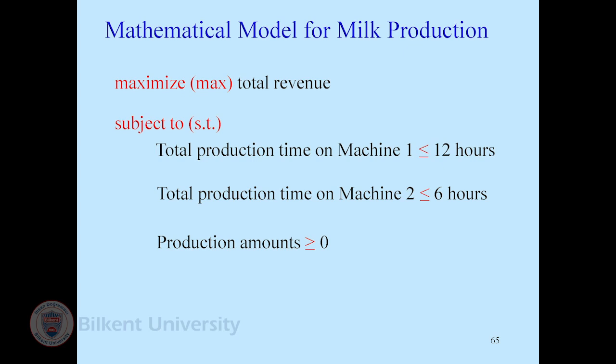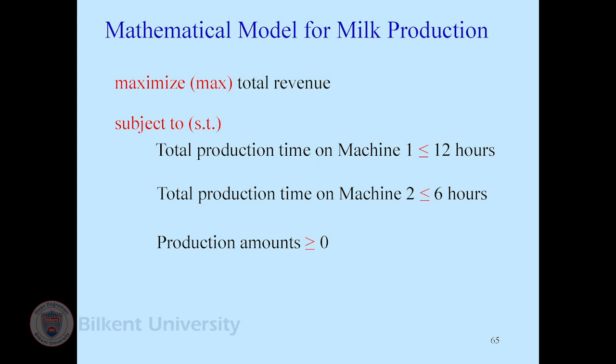Now we're going to model this one. So for this milk production, this is the syntax. You may remember this from 1022. We write our objective function, our performance measure, on top. So in this problem, we're maximizing total revenue. Subject to, this is the format. Machine 1 can work at most 12 hours.